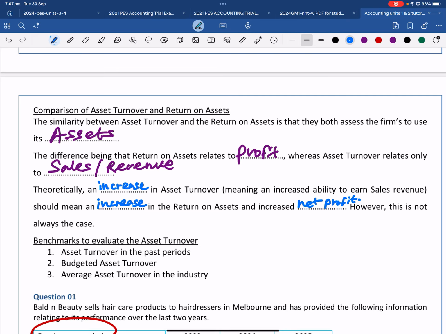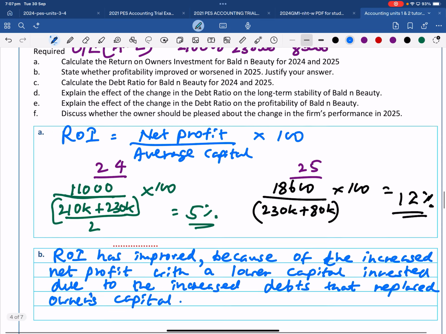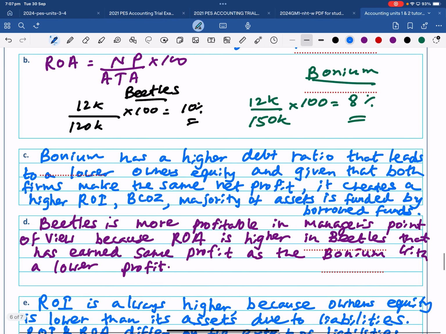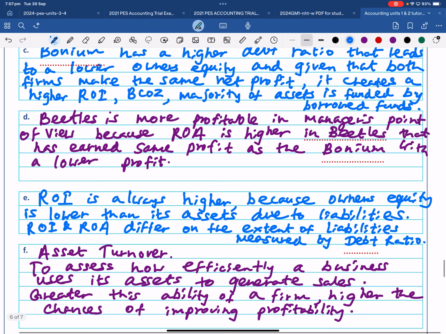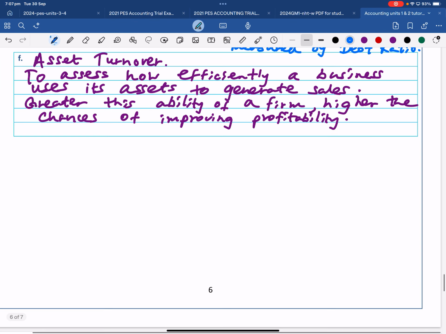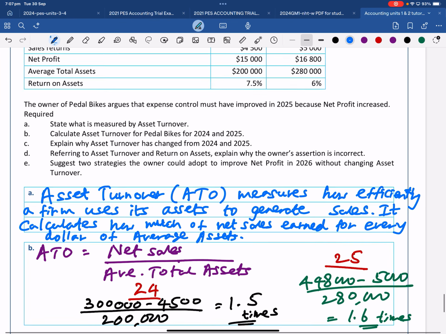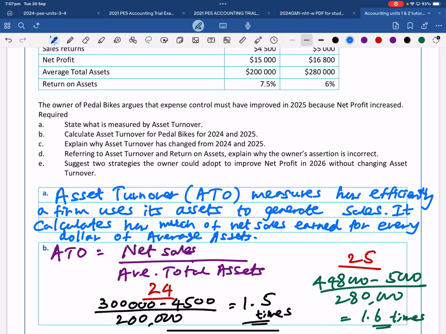Now this is a good example. Our ATO has improved, but the profitability, ROA, has dropped, guys. That means even though they generated more sales, they couldn't retain them as profit.